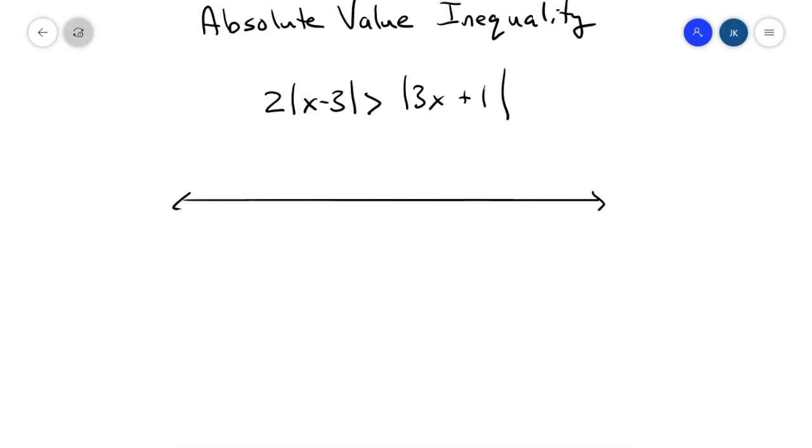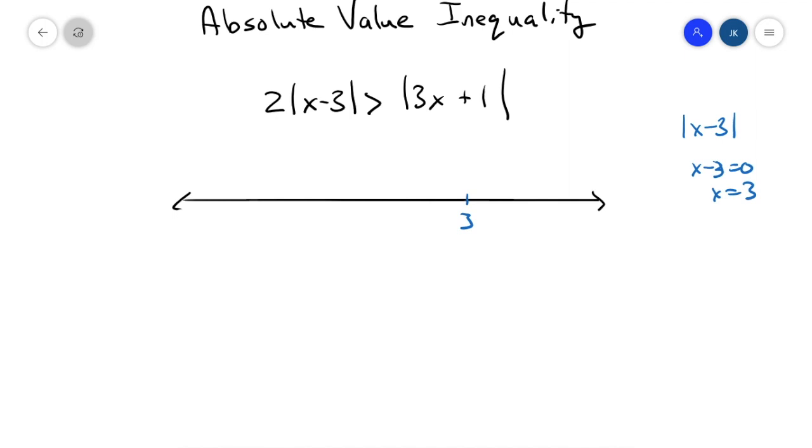Now, the first thing I want to do here is recognize that the behavior of the absolute values depends on what domain we're looking at. For example, for the left-hand side, we've got the absolute value of x minus 3. Notice that x minus 3 is equal to 0 at 3, so we're going to mark off 3 on the number line here.